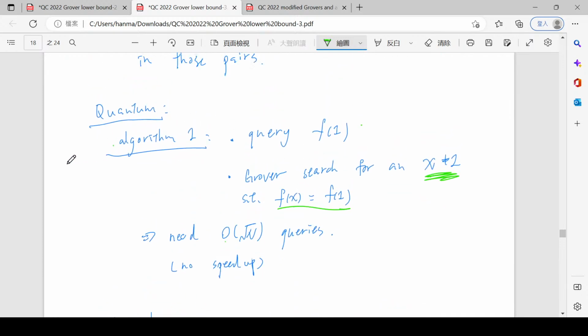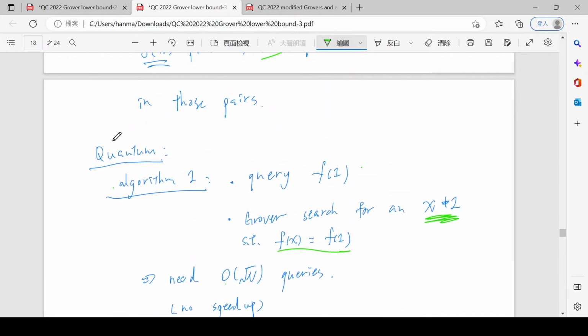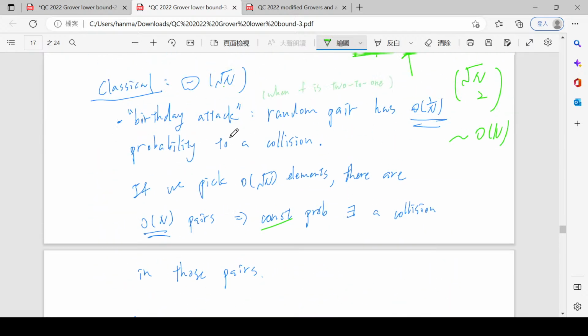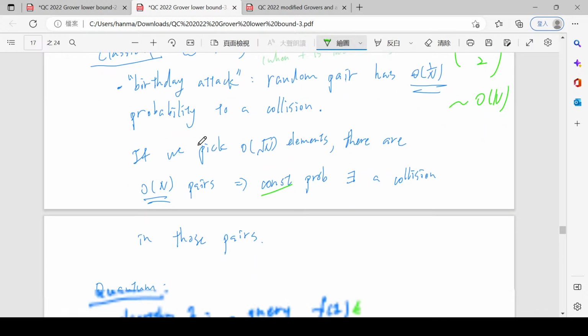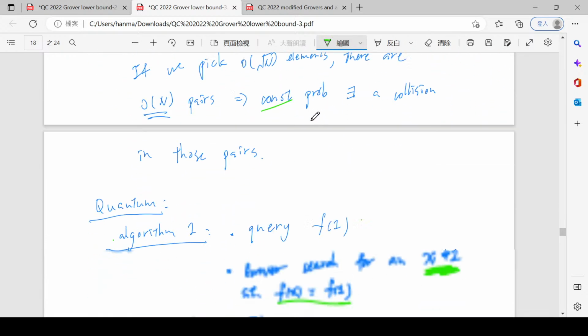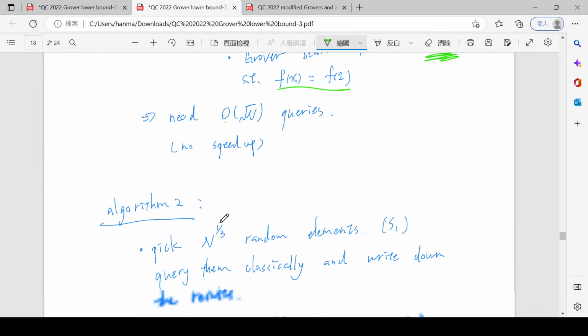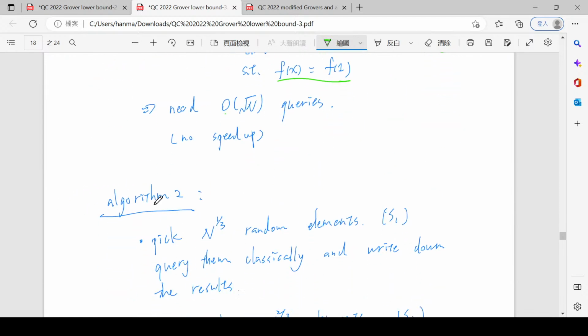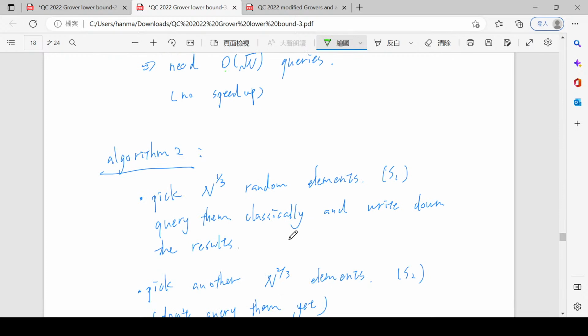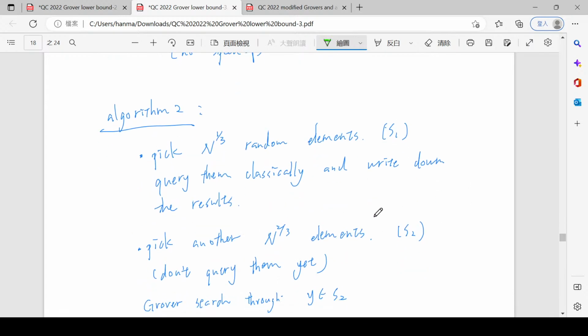So if we want a quantum speedup in this question, then we need to do things similar to this birthday attack, where we search over things and only want to see many pairs. So the quantum algorithm that actually gets a speedup is smarter.